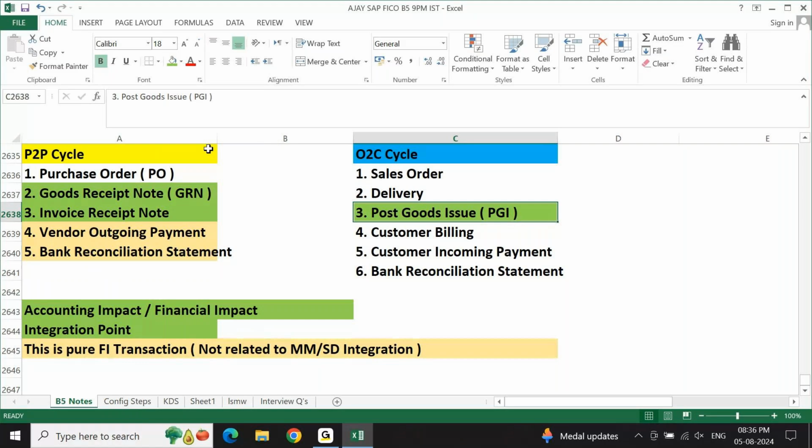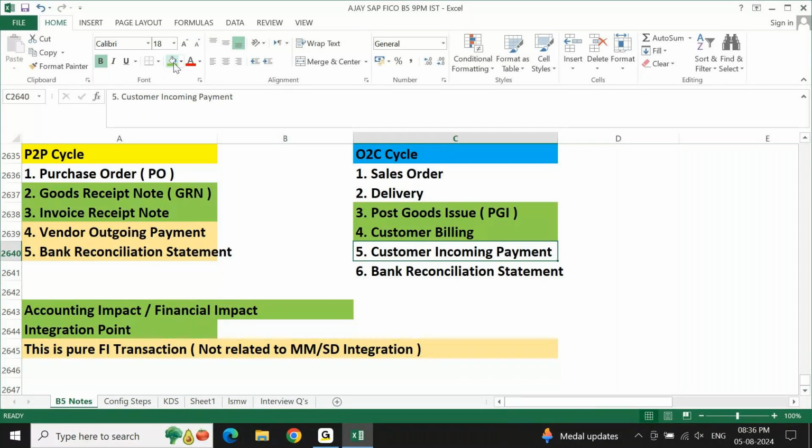Next one, you have customer billing. Customer billing is also an integration point because whenever you create any invoice bill to the customer, there is an accounting impact, debit and credit. Let me highlight this one also here. After this, you have customer incoming payment. This is again a pure FI transaction, not related to FI-MM or FI-SD integration.